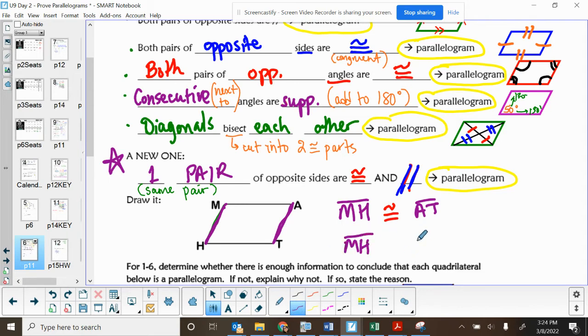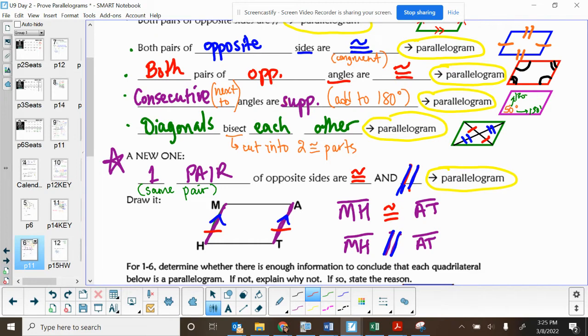Segment MH and segment AT are parallel. So that's supposed to change to blue. Sorry about that. So I'm going to use the blue to show you the parallel. I'll mark that on there. And then we'll go to red to mark congruent with tick marks. But we're marking the same sides.